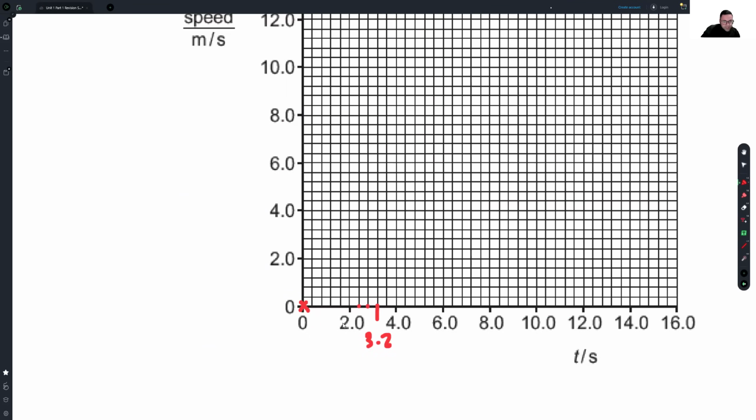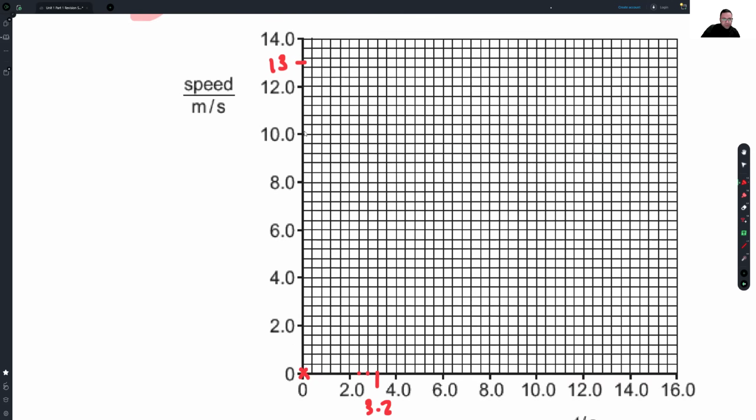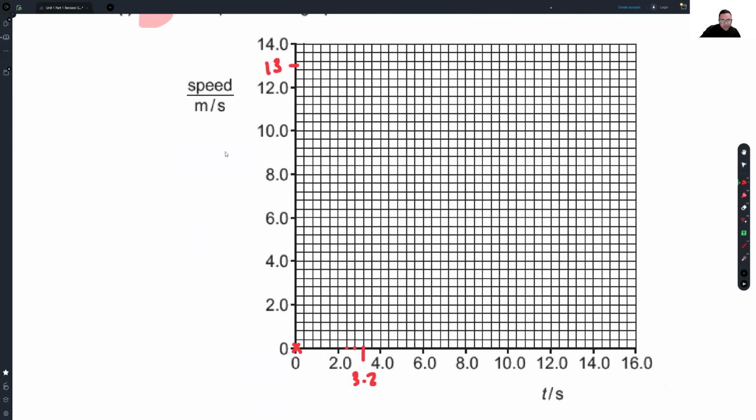At 3.2 seconds, he was traveling at the speed of 13. Where's 13? I see 12 and I see 14, so 13 has to be perfectly in between two values. So I'm going to plot that value first.